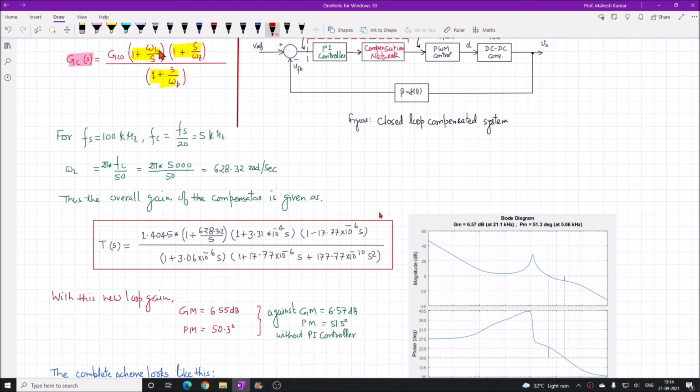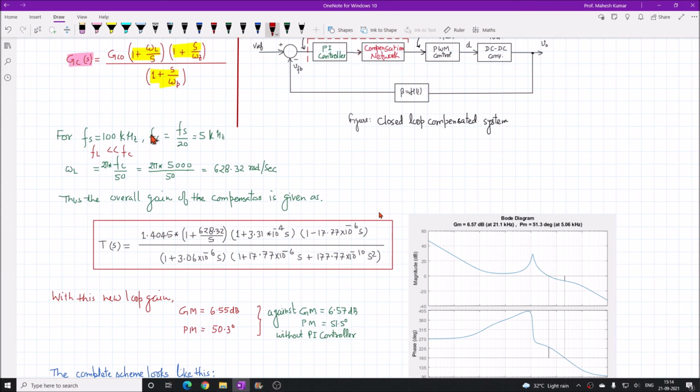The omega L is chosen in such a way that it does not affect the performance of the whole system at the gain crossover frequency, and therefore we choose FL far less than FC, that is the gain crossover frequency.